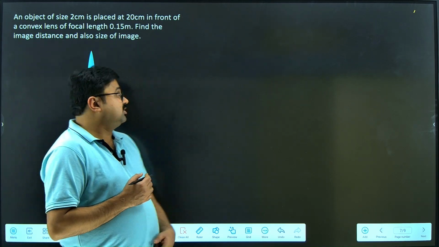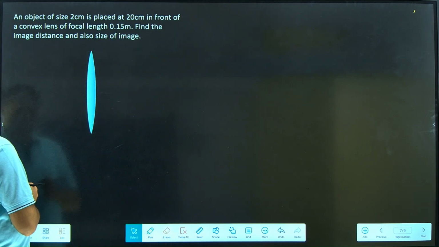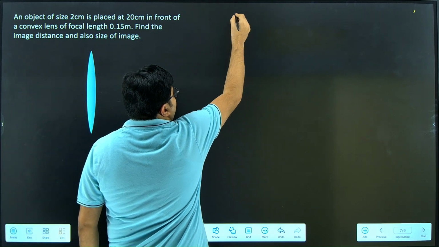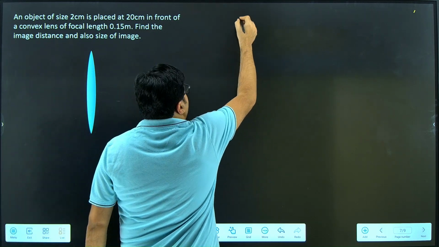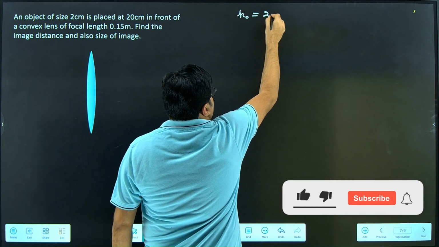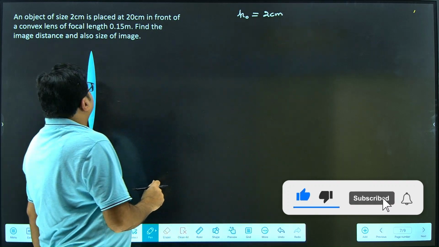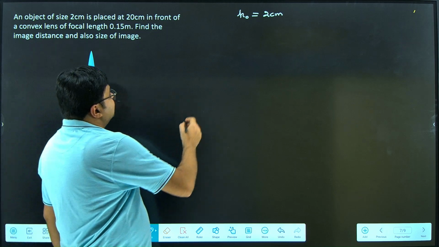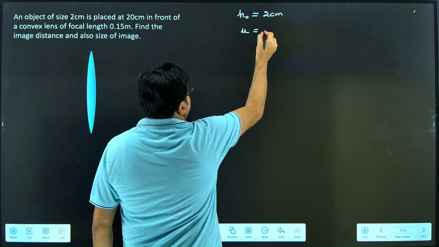Let us look at the next question. An object of size 2 centimeter. So the height of the object is given to us. So let's write the height of the object HO as 2 centimeter, right? That's given in the question. It is placed at 20 centimeter in front of a convex lens. So the object distance from the lens has been given to us.